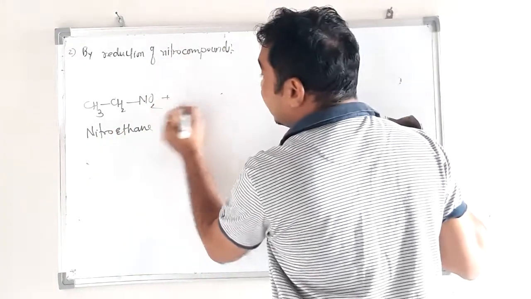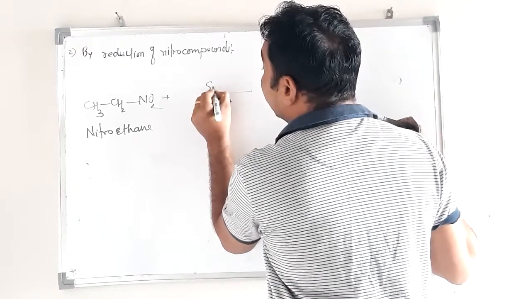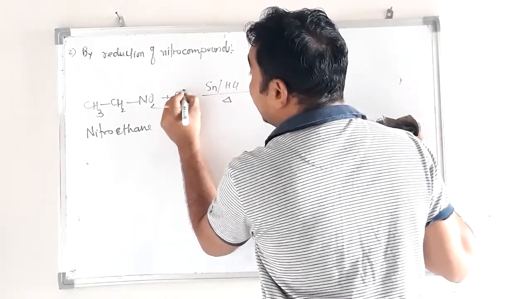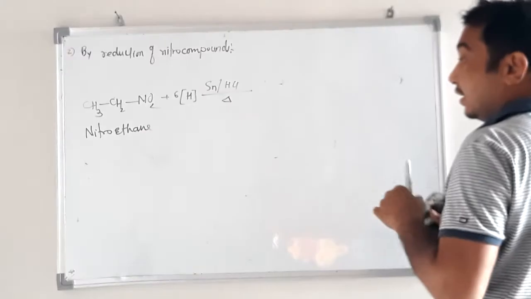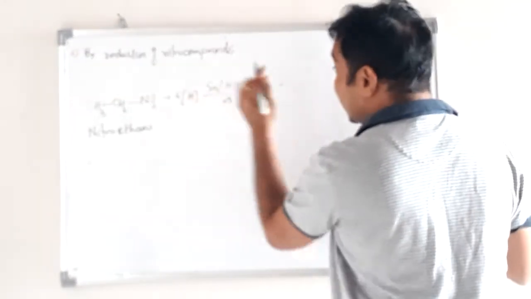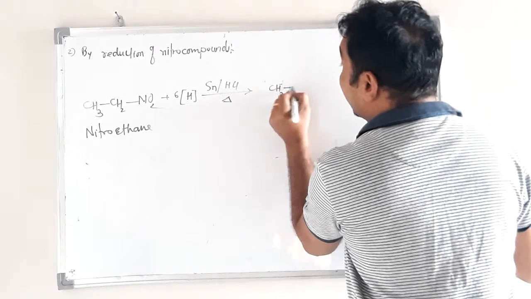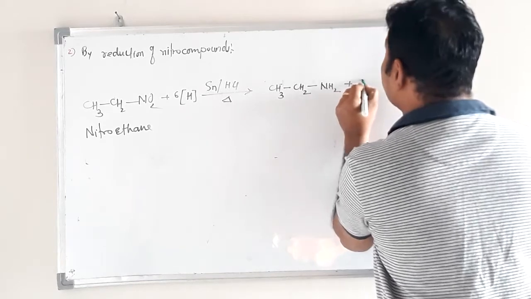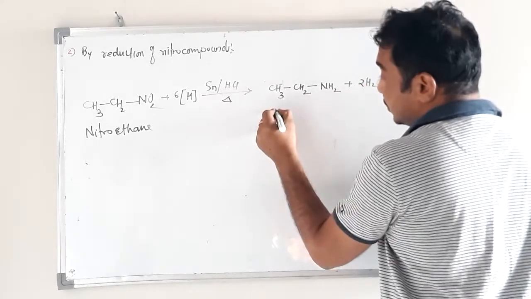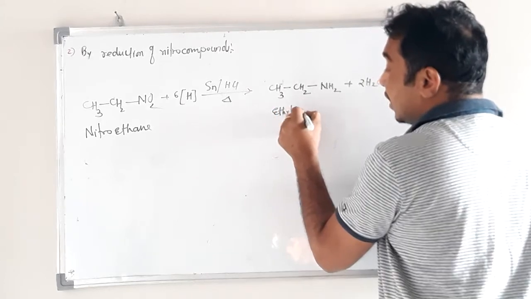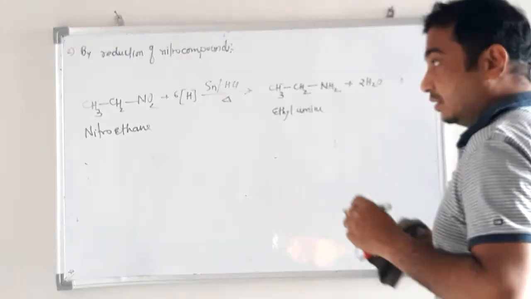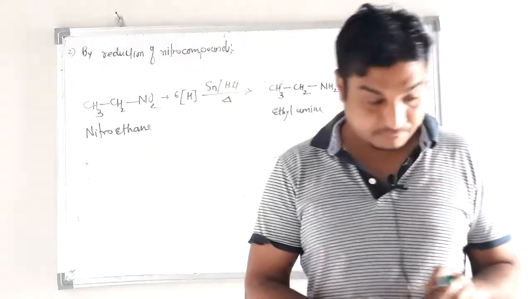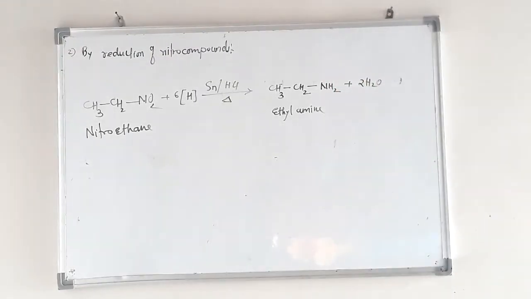This nitroethane is heated with a reducing agent like Sn/HCl. It will produce 6 hydrogen atoms and then these free hydrogens convert NO2 into NH2 plus twice H2O. So this is ethylamine. Okay. So this is one of the best reactions or methods for the conversion of nitroalkane into primary amine.